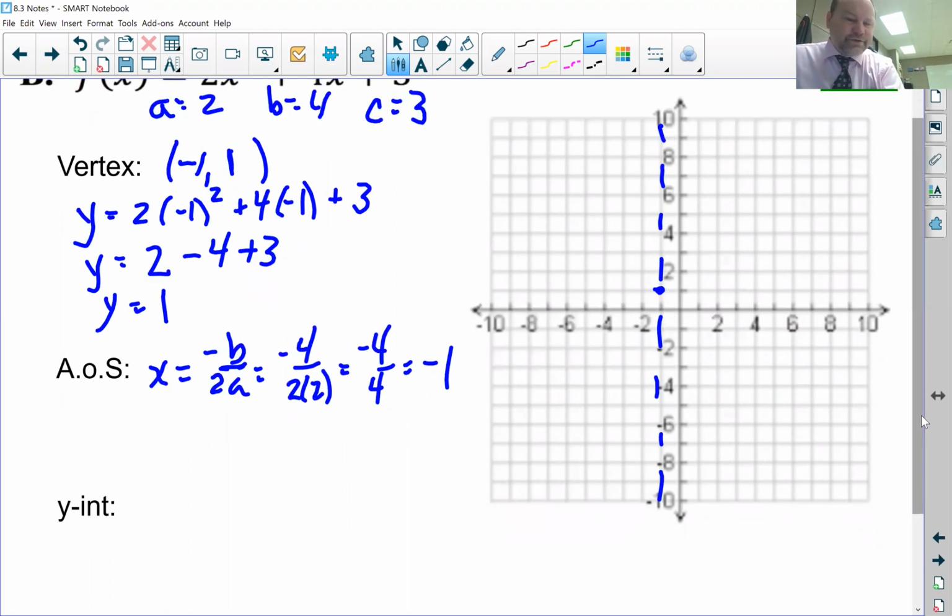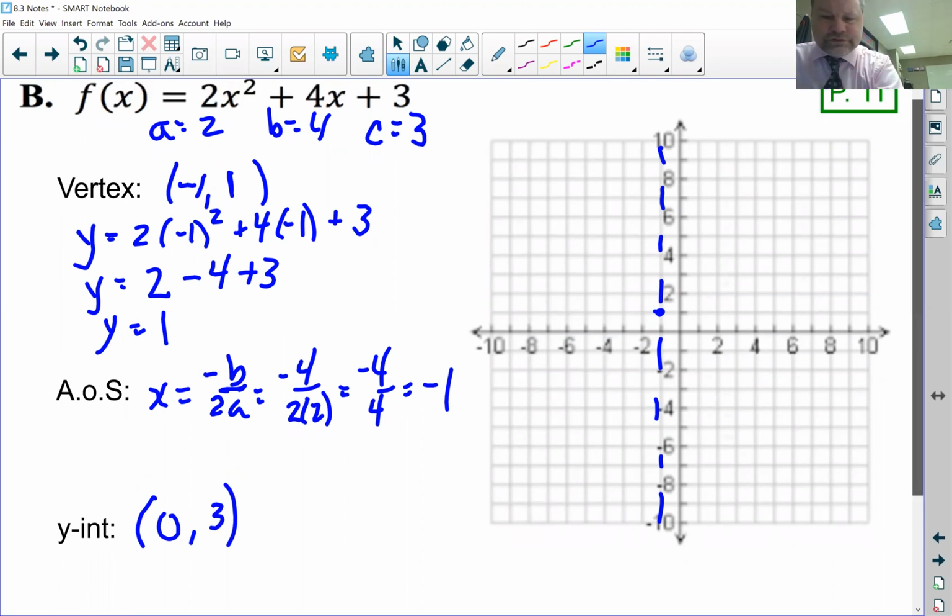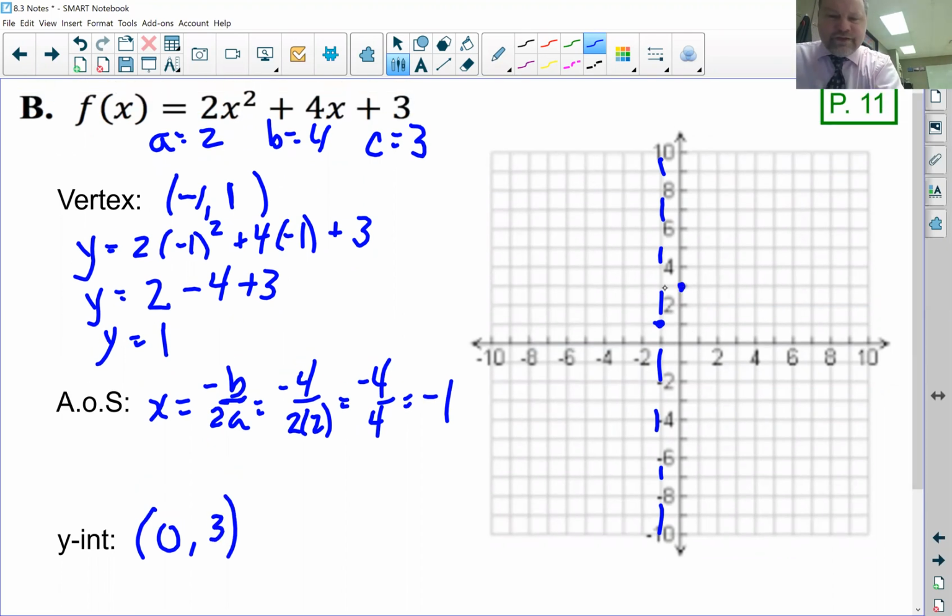My y-intercept is (0, 3), the value for C. That's 1 away from my axis of symmetry on the right, so I will also have a y value of 3, 1 away on the left. My pattern is over 1, up, in this case 2, because A is 2.